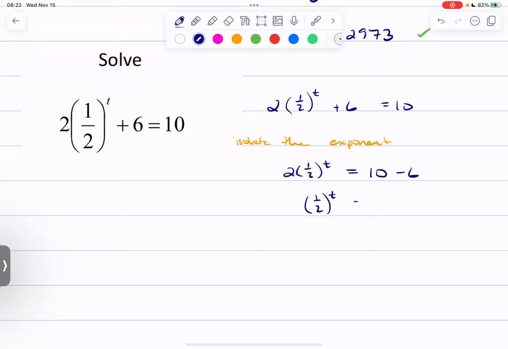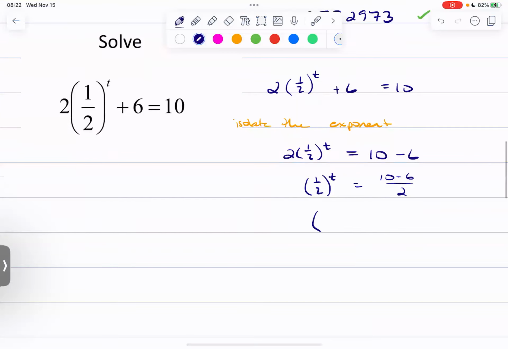One half to the t is 10 minus 6 divided by 2, or just 2. Okay. So now I'm going to take the log of both sides.